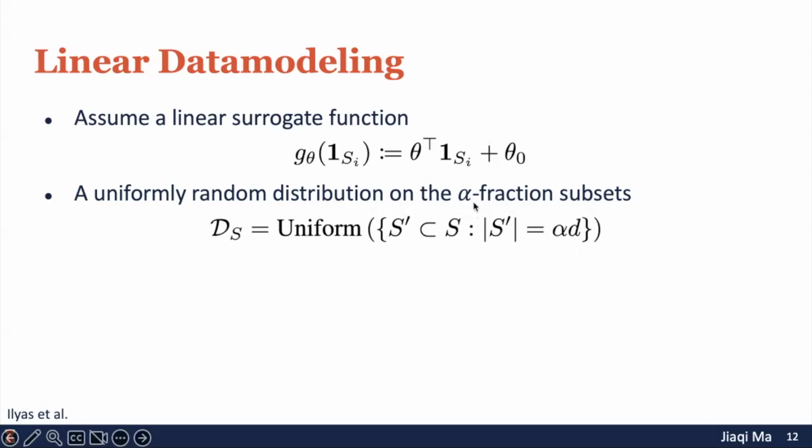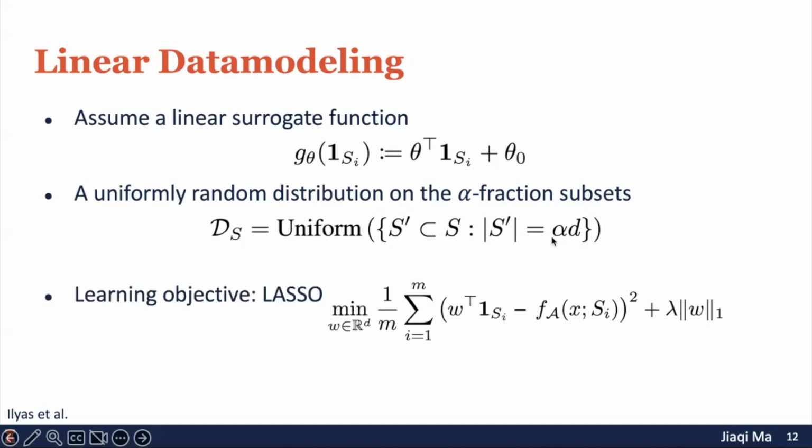That is the proportion of the subset. Finally, with these sampled subsets, we'll retrain the model on the subsets and get the target function value. And we will learn the linear data model G by minimizing this lasso objective.